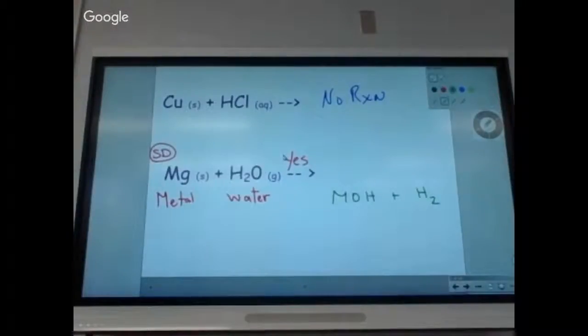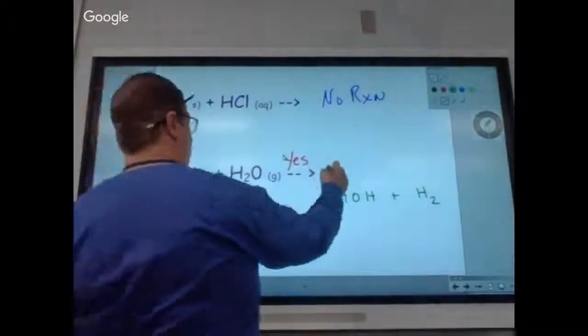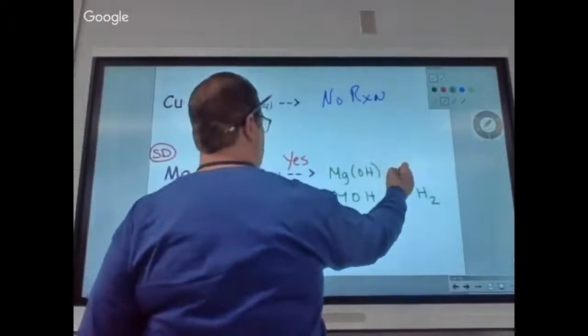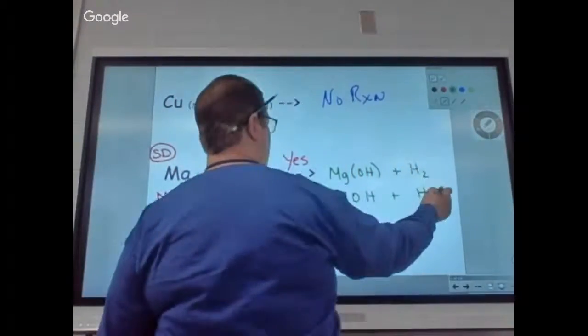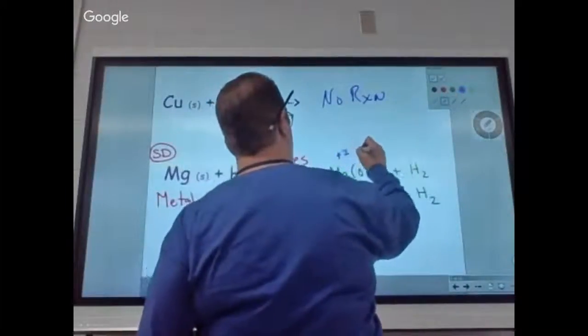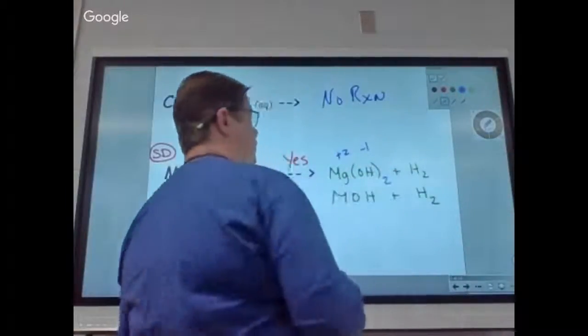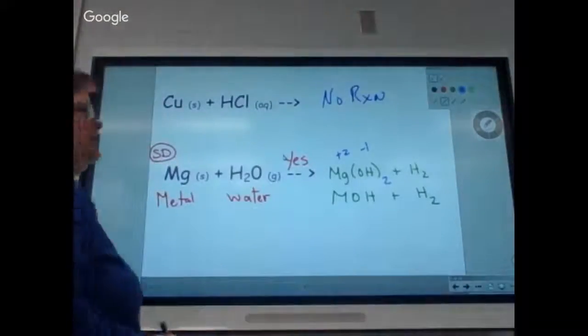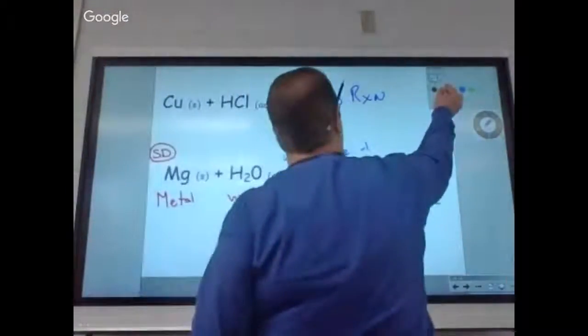All right, so who's the M? Magnesium. Okay, magnesium. And then OH plus H2. This is a compound, so we need to do our oxidation numbers. +2, -1, bring our 2 down. And that is correct. Now, this is what happens if you don't do it that way.